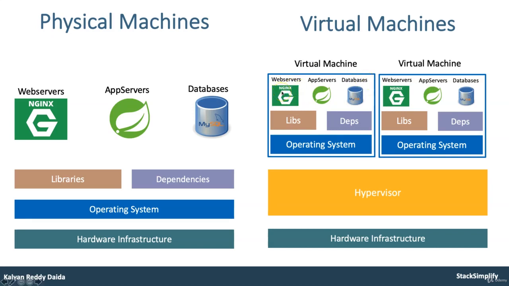Now if you see here, this is a little bit simplified from the physical machines, but still the libraries and dependencies and all these incompatibility issues are still going to be there across environments, and you need to solve these things.